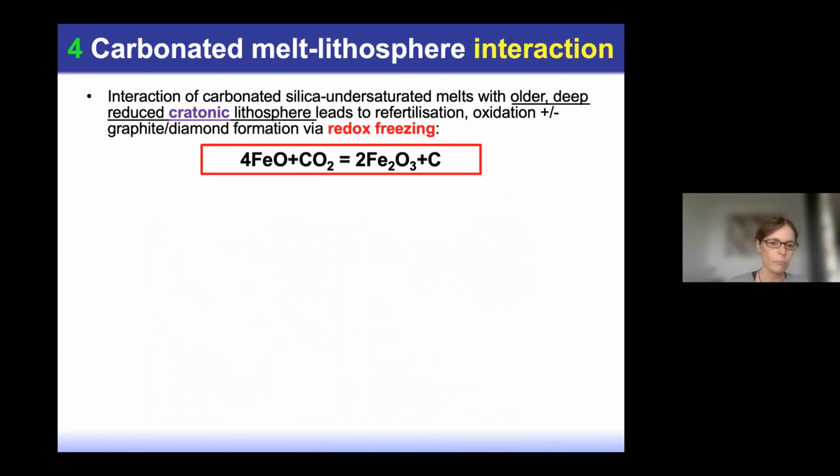And so the idea is that because of this initial disequilibrium, both thermally and compositionally, there's strong interaction between carbonated silicate melt and the cratonic lithosphere. And this gives rise to a reaction, which is the inverse of redox melting, it's redox freezing. And so basically we drop carbon in the form of a diamond, oxidize some iron in return.